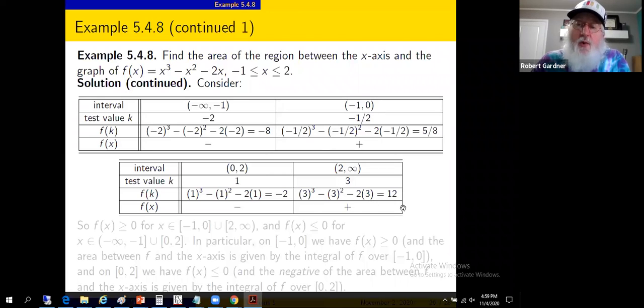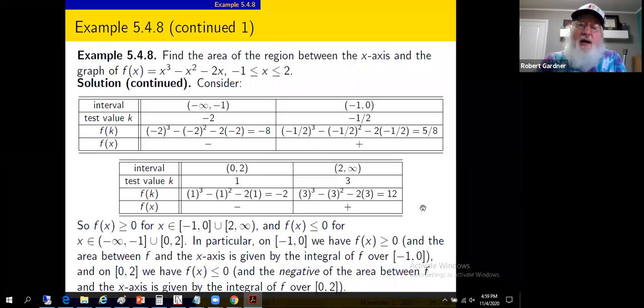So that gives me where the function itself is positive and where the function is negative. And remember, when I integrate a function that's positive, definite integrals give areas under that function. If I integrate a function that's negative, we get the negative of the area. Well, we'll just throw an extra negative sign in and fix that, because we know now where this function is positive and where it's negative.